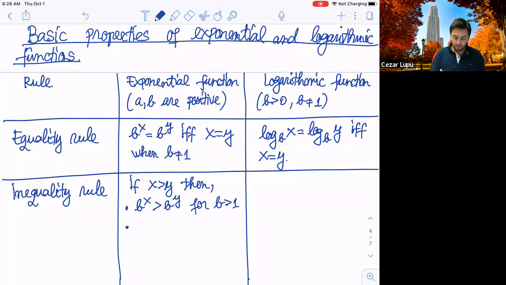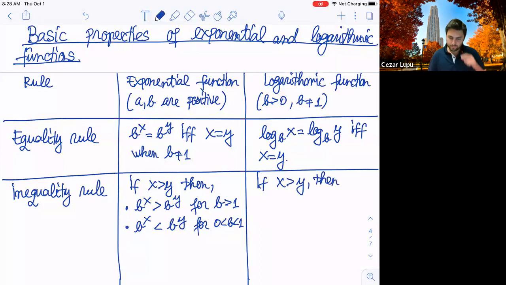And we have the other way around, the function will be decreasing: B to the X is less than B to the Y for B between 0 and 1, right? And now for the logarithm, in the inequality rule, if X is greater than Y, then we have the following.